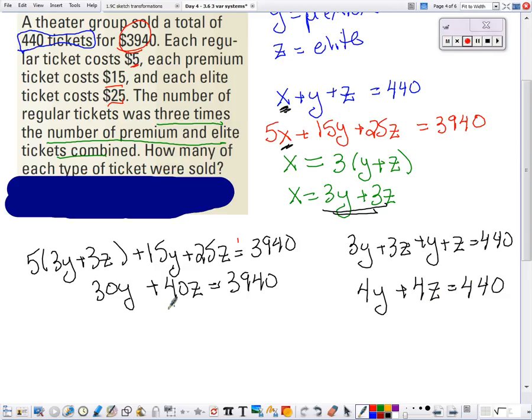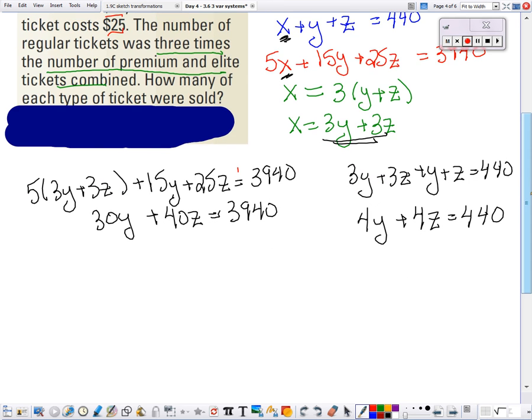Now I have 2 equations with 2 variables. We have to solve those. I'm going to choose to multiply this equation on the right by 10, actually by negative 10, so I can cancel with this 40.